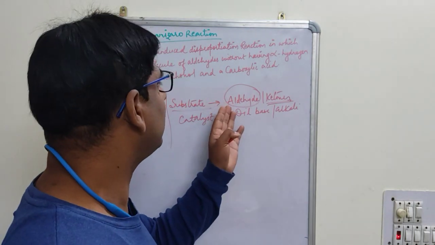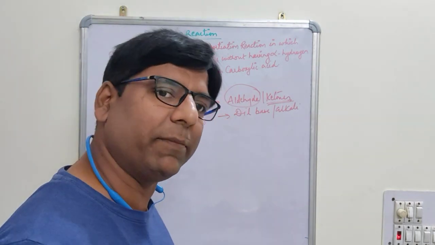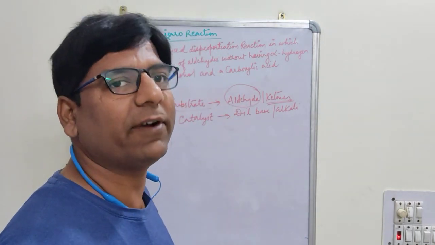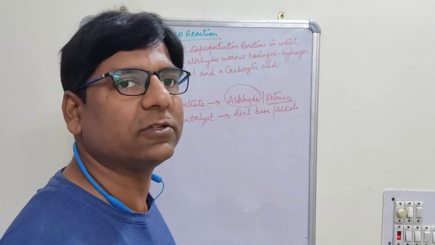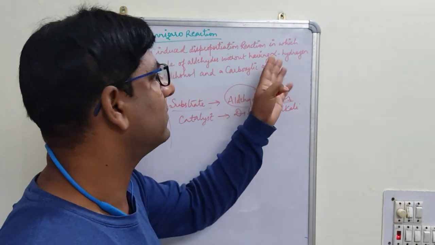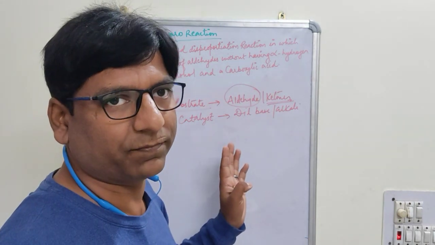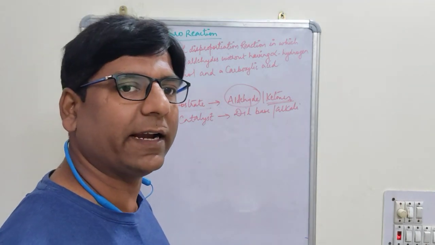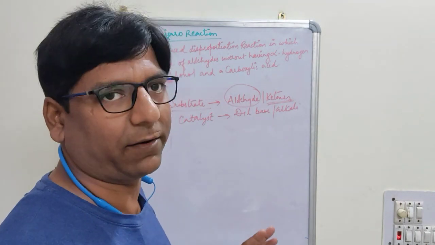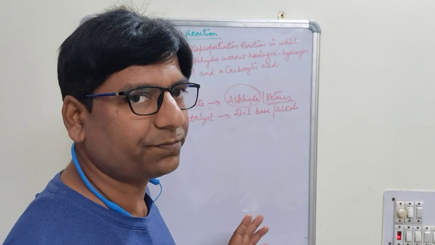The two aldehydes may be the same aldehyde or you can take different aldehydes, but the aldehydes you choose should not contain alpha hydrogen. In aldol we chose the aldehyde or ketone which contains alpha hydrogen. This is the difference between the two.